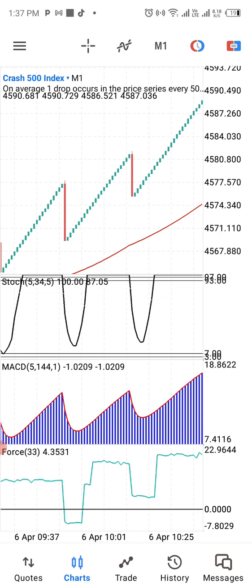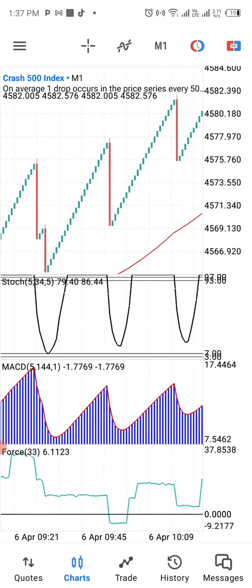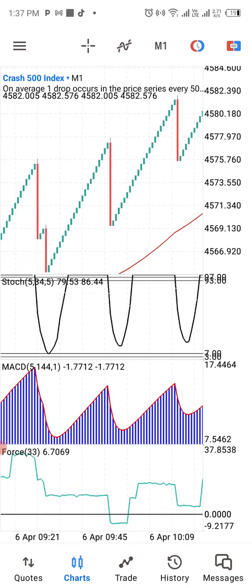So what I would advise you to do, once you set it up, ensure you check all the parameters that I stated here, and also make sure that the parameters align before you place any trade.